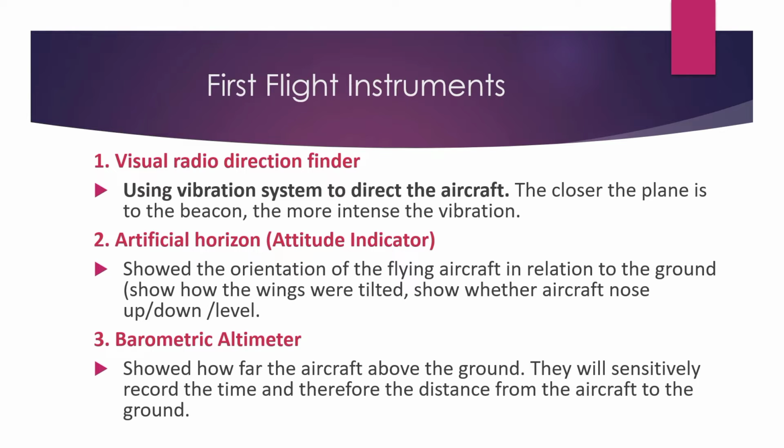Artificial horizons showed the orientation of the aircraft in relation to the ground. Barometric altimeters show how far the aircraft is above ground level. They sensitively record the time and therefore the distance from the aircraft to the ground.